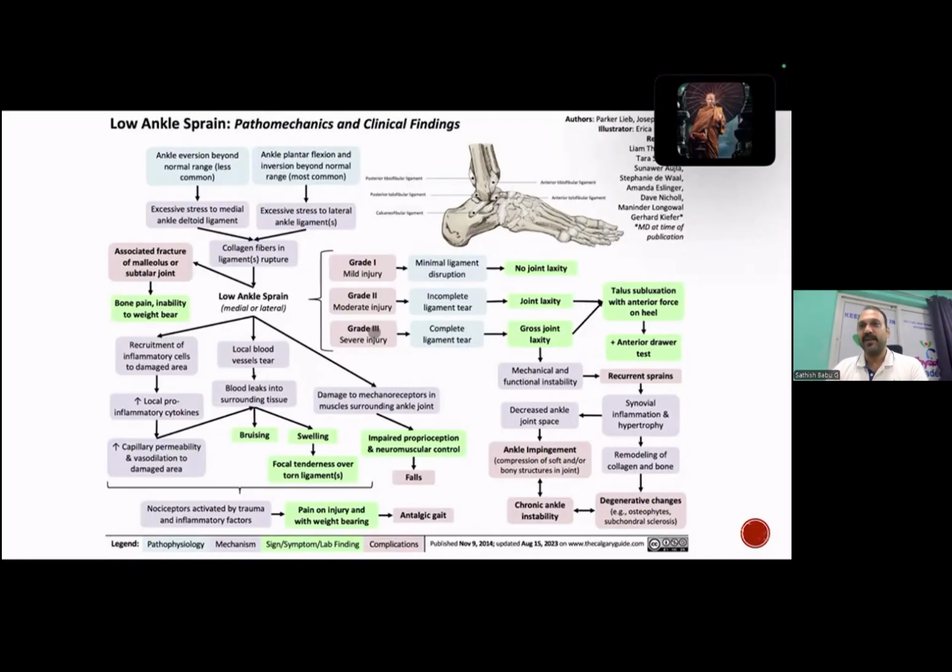When there is a complete tear, you can see a very big, giant laxity. The ligament is not supporting the ankle at all, and the laxity is going to be very high. That leads to mechanical and functional instability, and there's going to be a recurrent sprain. If you see a patient with ankle sprains, they will have repetitive injuries.